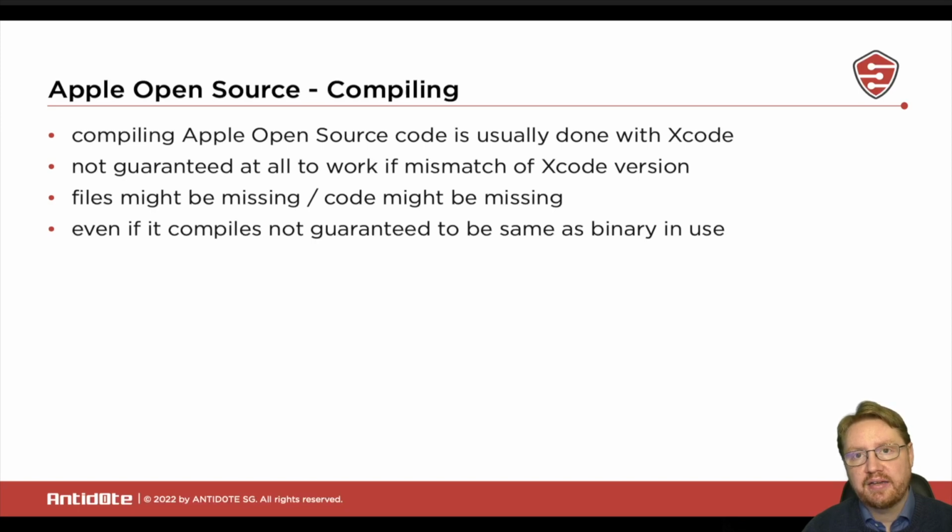This is because Apple sometimes just strips code from the source code for whatever reasons. It could be a new security feature, a new security mitigation that they want to keep private. That means the code that you produce doesn't have the code that is really interesting in it. And so you will never actually reproduce the same binary at all.